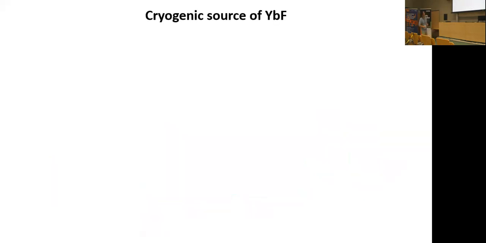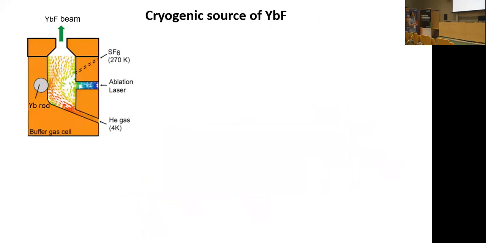Okay, so the cryogenic source. This is a cell which we call the bucket cell. It's about this size, and into it we flow some helium gas at 4 Kelvin. A pulsed laser comes through this window and ablates the ytterbium metal target and makes a hot plume.